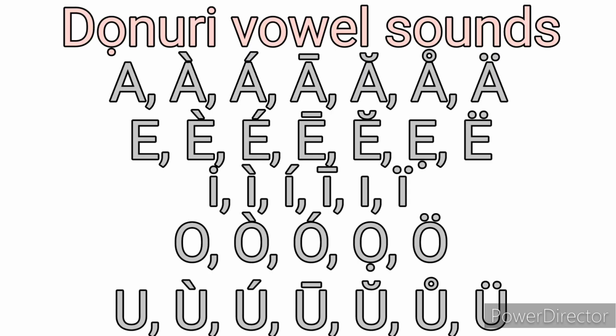In Dọnuri, the vowel sounds go like this: ah, uh, eh, oh, ooh.